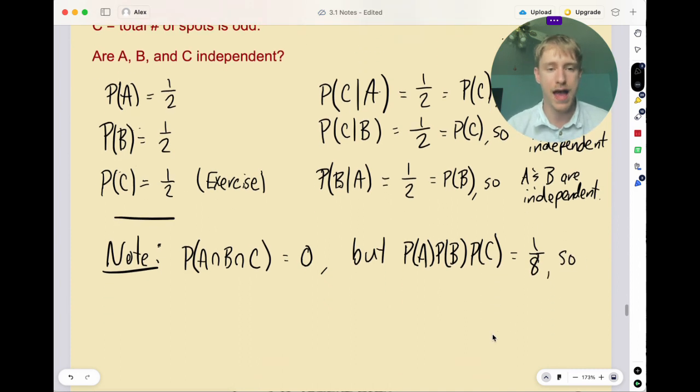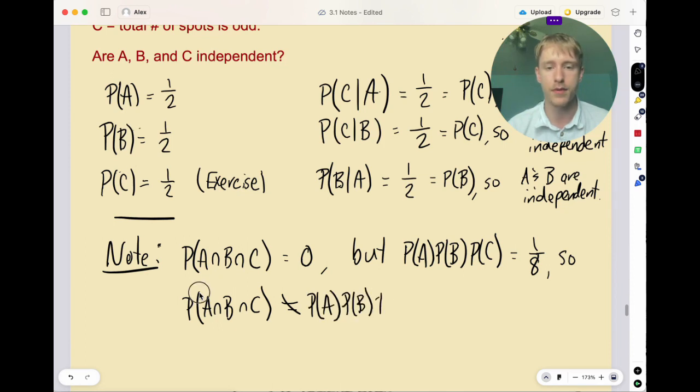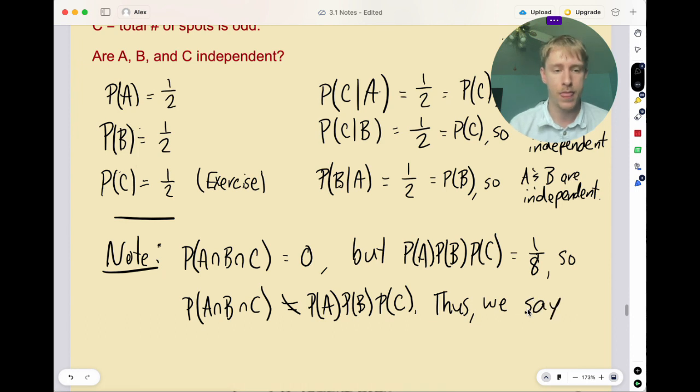So the probability of this intersection is not equal to the probability of A times the probability of B times the probability of C. So although A and B are independent, B and C are independent, and A and C are independent, we can say that A, B, and C are what's called pairwise independent.